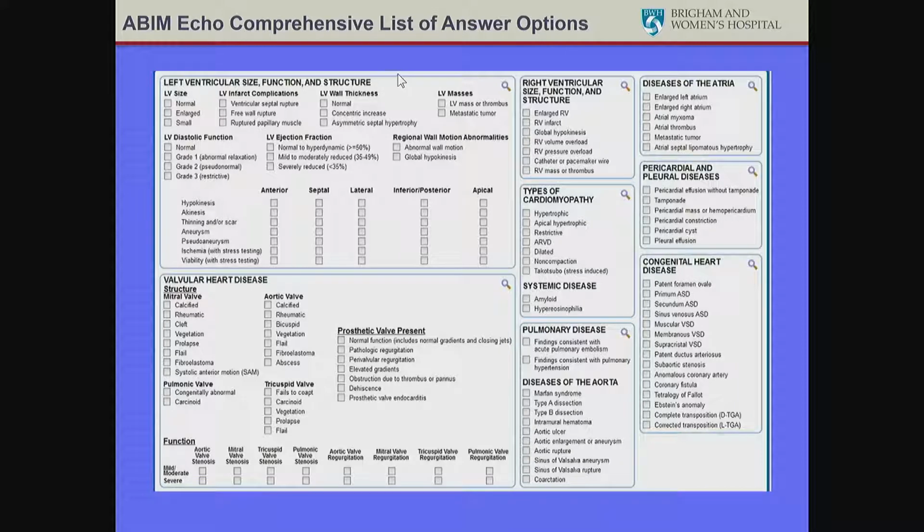I highly recommend that you study this ABIM comprehensive list of answer options in great detail. Knowing this answer sheet will help you expeditiously interpret the echocardiograms that will be put in front of you.